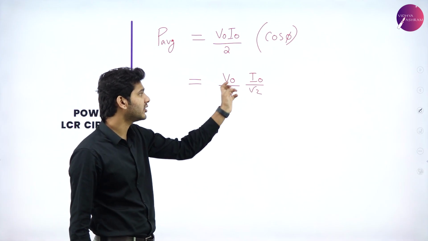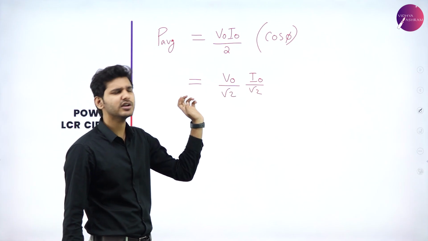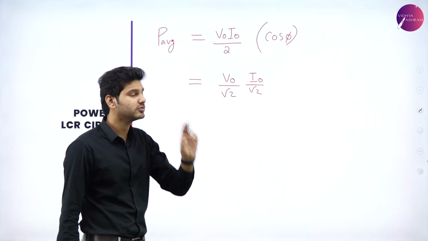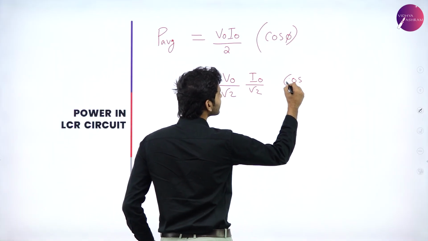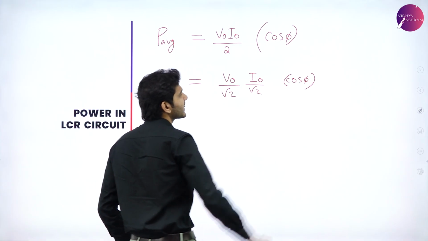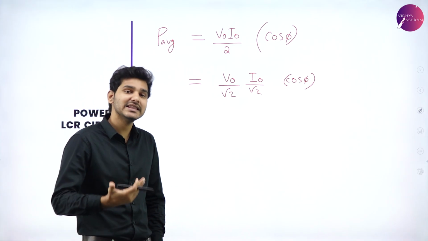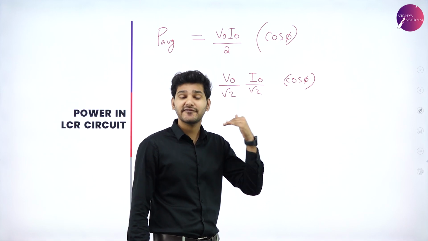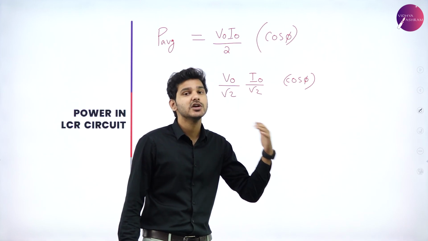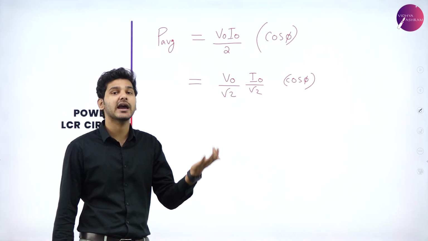That is V naught into I naught divided by root 2 into root 2. Root 2 into root 2 is nothing but 2. So I can write it like this, into cos phi. This cos phi is just there to represent the phase angle difference.